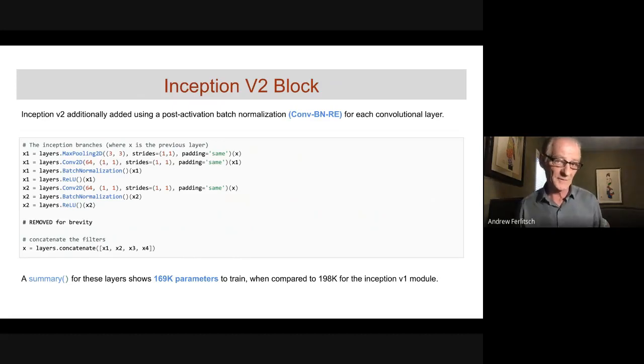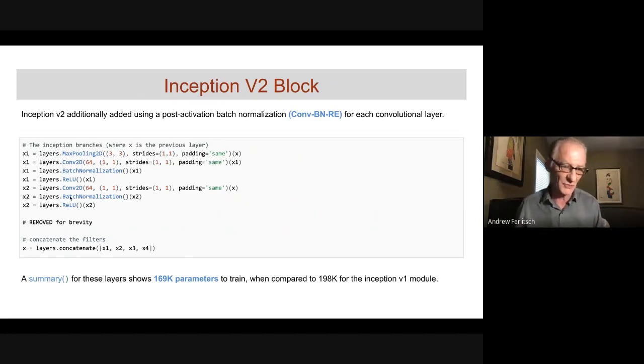There was also another thing in V1: they didn't really have the knowledge yet of batch normalization, but by V2 they did. So they added batch normalization into their layers. As you can see, after each convolution, we have our batch norm.